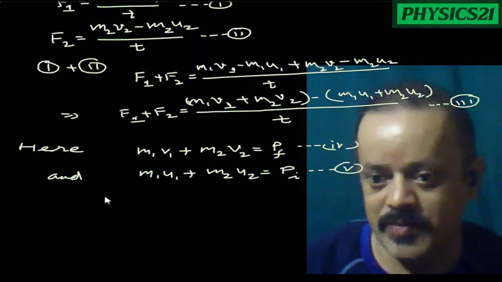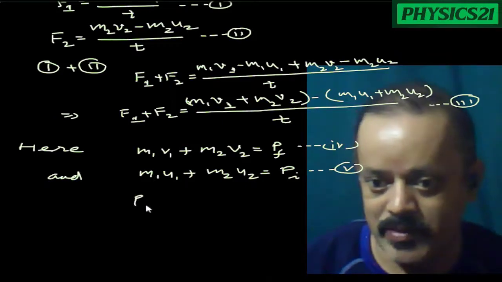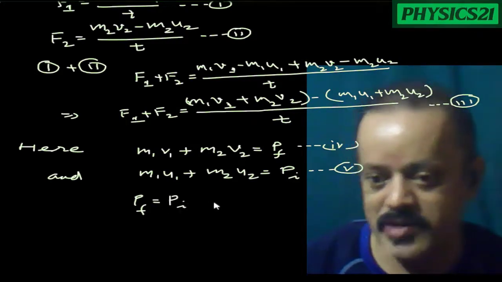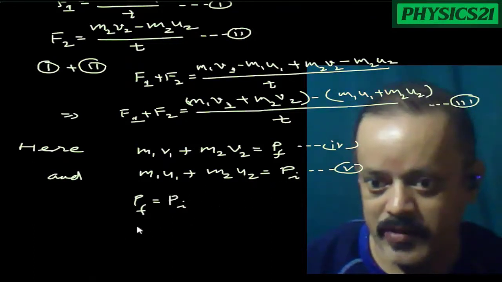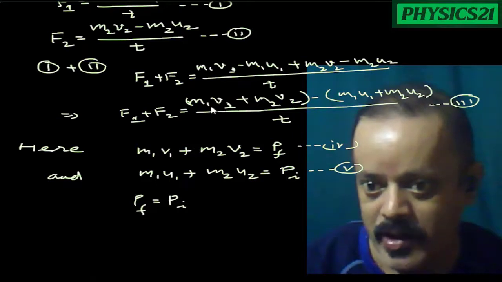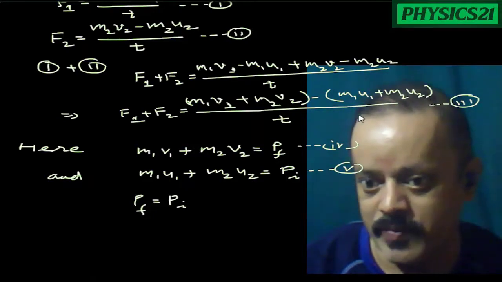From the conservation of linear momentum, as we know, in the absence of external force, the total linear momentum of the system will be constant. So we can write Pf = Pi by the conservation of linear momentum. That means in equation 3, the term (m1v1 + m2v2) - (m1u1 + m2u2) will be equal to 0.